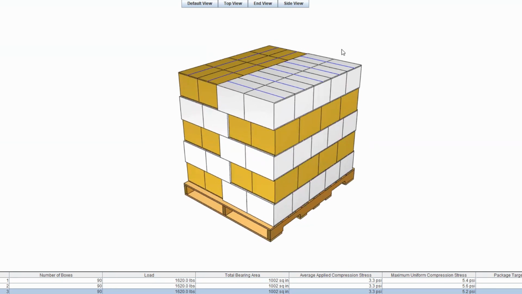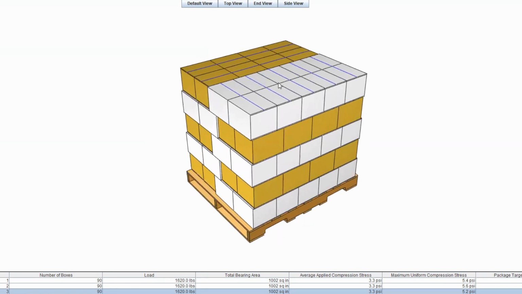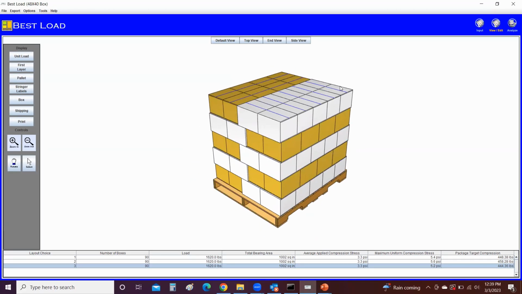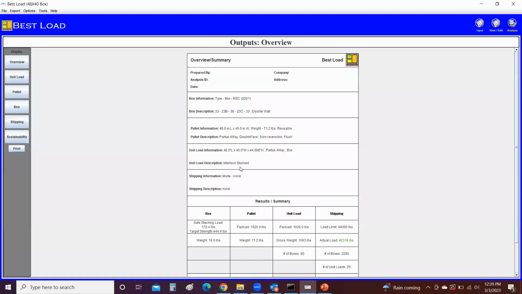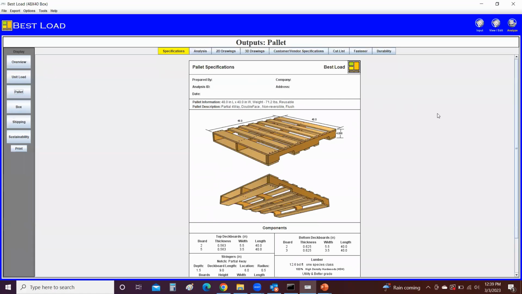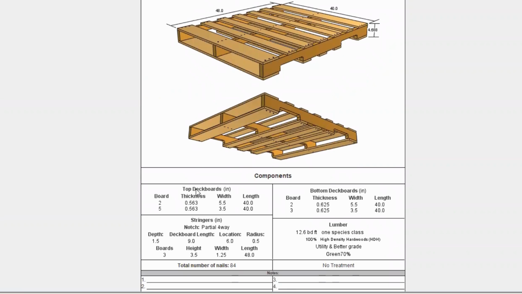Prior to manipulating the unit load design, it is important to understand the current performance criteria. The current pallet design uses 9/16" thick top deck boards, 5/8" thick bottom deck boards, and 1¼ stringers, for a total of 12.6 board feet of lumber.